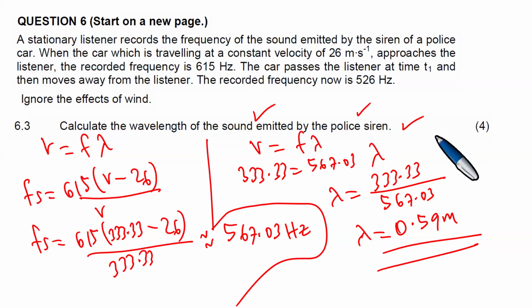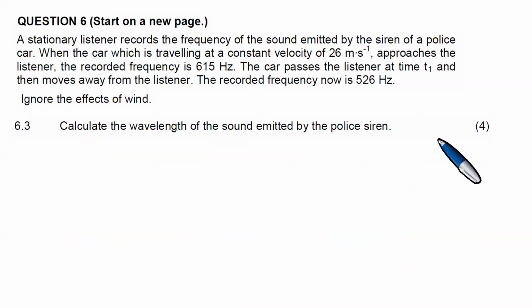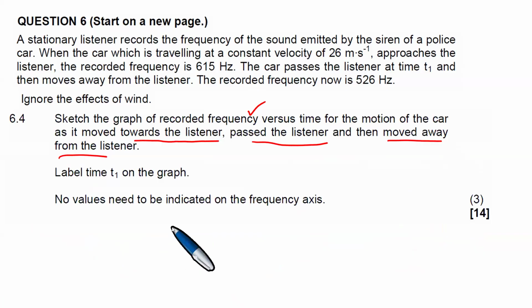Okay, good. Let's move to the next question. Now here's an interesting question where we need to sketch the graph. Sketch a graph of recorded frequency versus time for the motion of the car as it moved towards the listener, past the listener, and then moved away. How will the frequency versus time change from the moment it was moving towards the listener, past the listener, and then moved away from the listener?